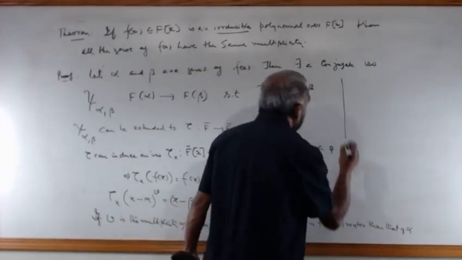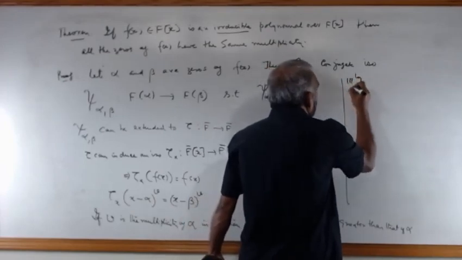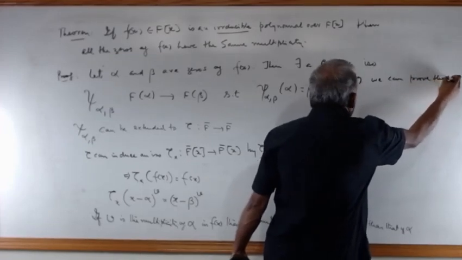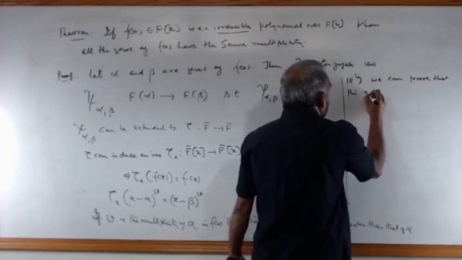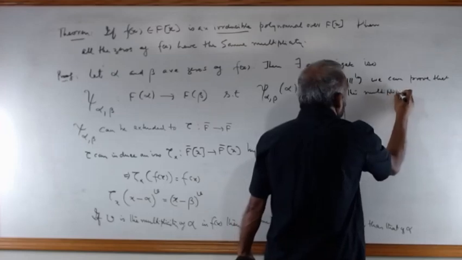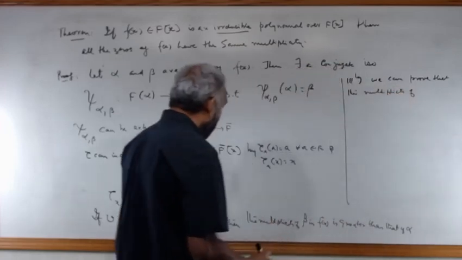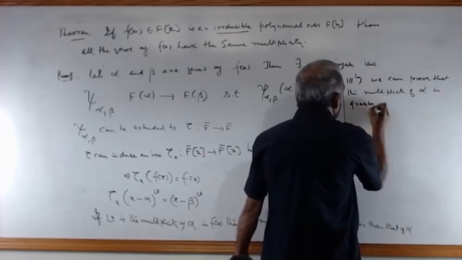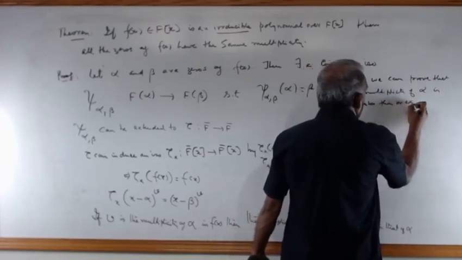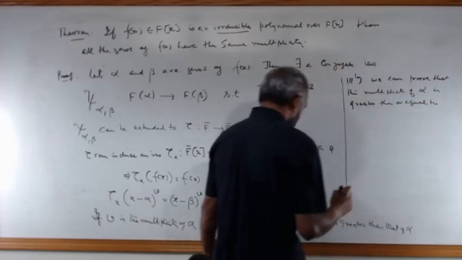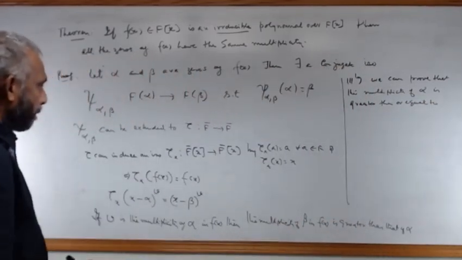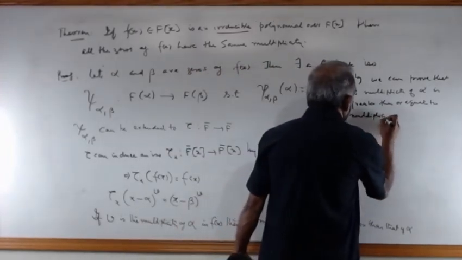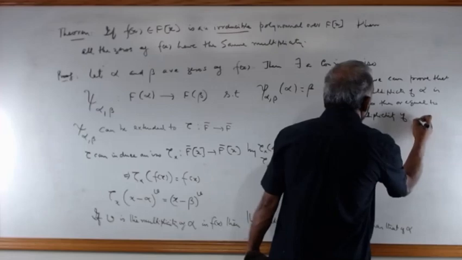So similarly, we can prove that the multiplicity of alpha is greater than or equal to the multiplicity of beta.